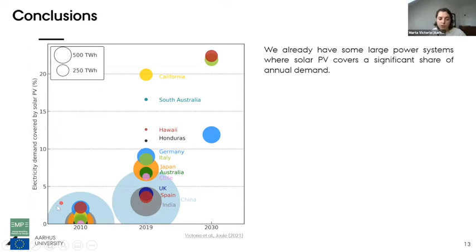We had no single country or major region in which solar provided more than 3%. But in 2019, we already have a few countries in which that is attained. We have Germany at almost 10%. We have Italy, Japan. We have California providing 20% of its local demand with solar PV. And we have several European countries and other countries have plans for higher deployment of solar. So we should acknowledge that this is a reality.